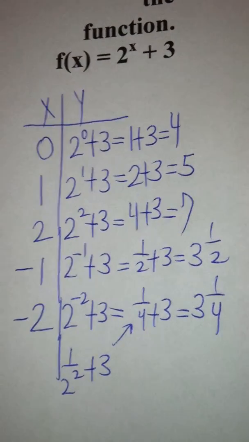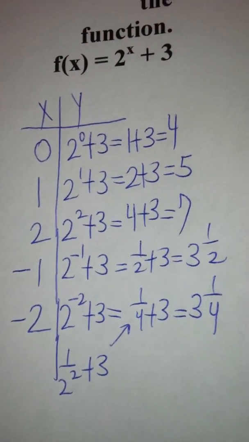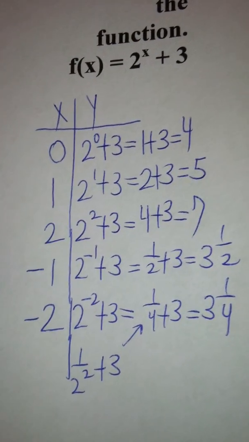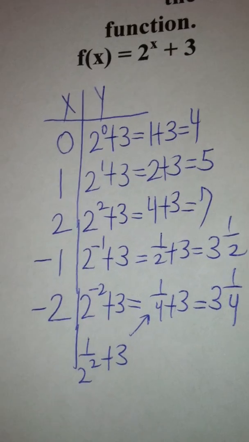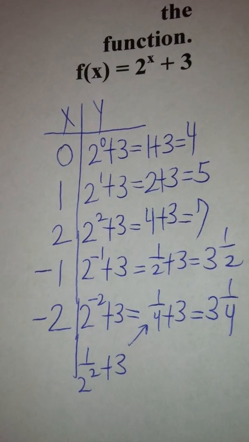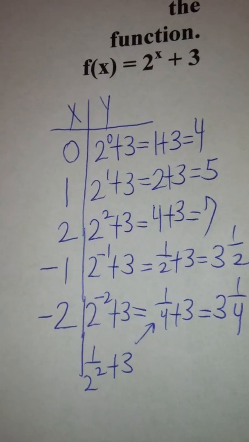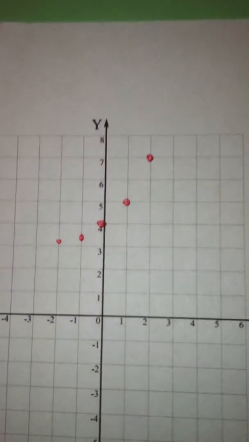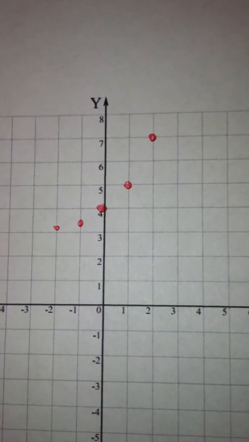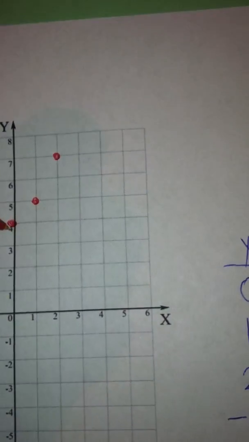You can plug in more points if you want to get a more exact graph. I've already plotted the points over here on our Cartesian plane, and all you'd have to do is just connect the dots.